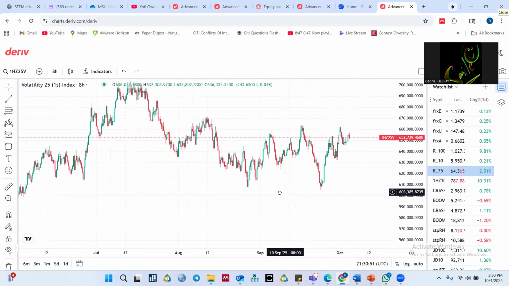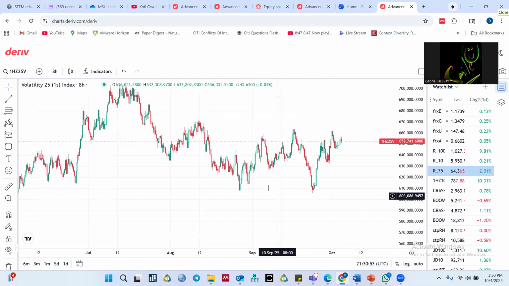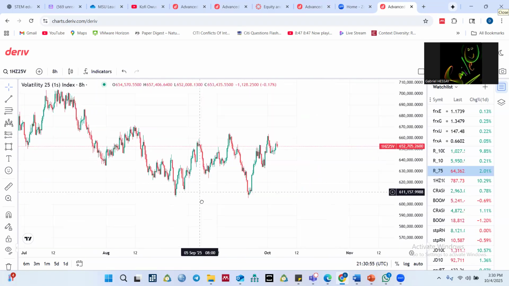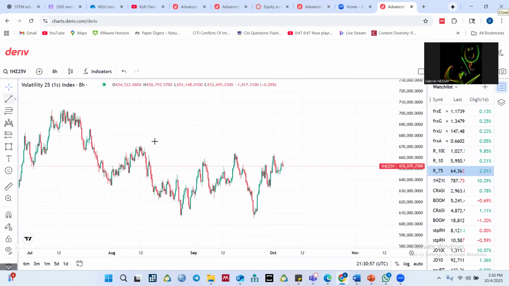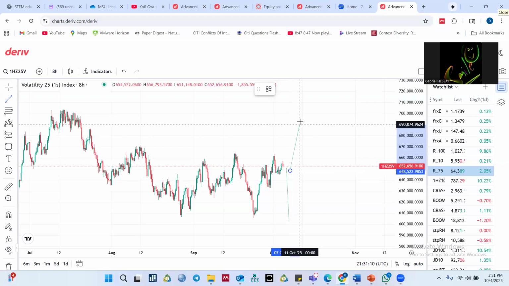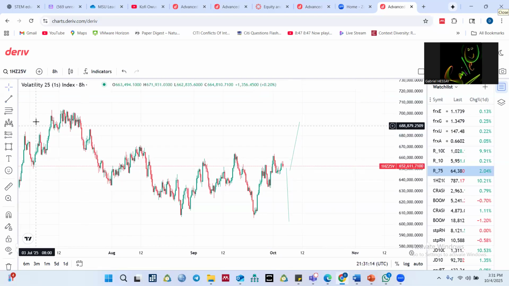But on this pair, two things here are just quick things. We can get a sell from here, and we can also get a little bit below here. We can get buys that will take price up. Why am I saying that?